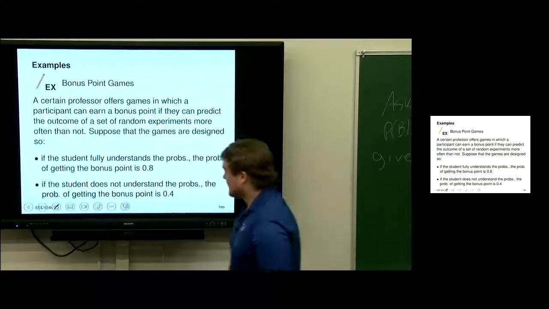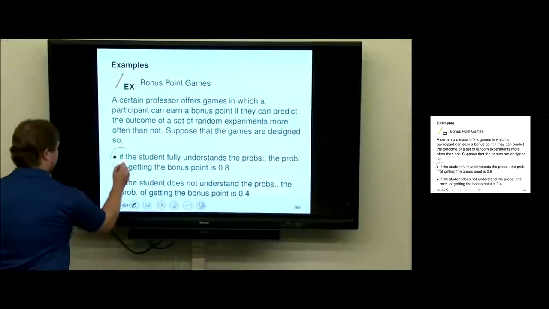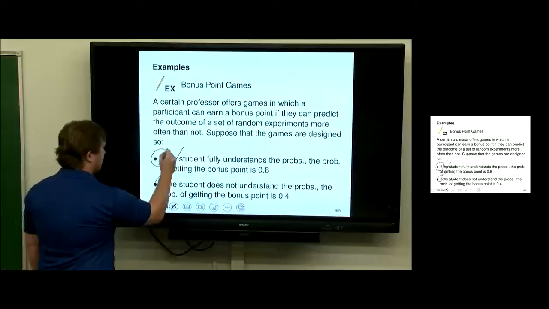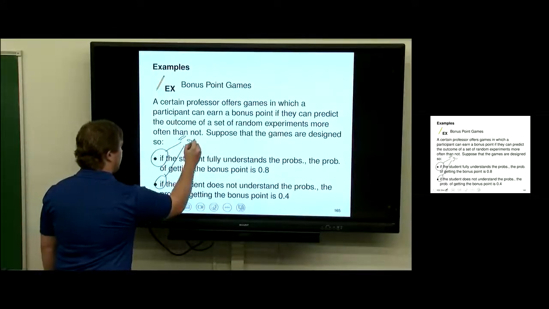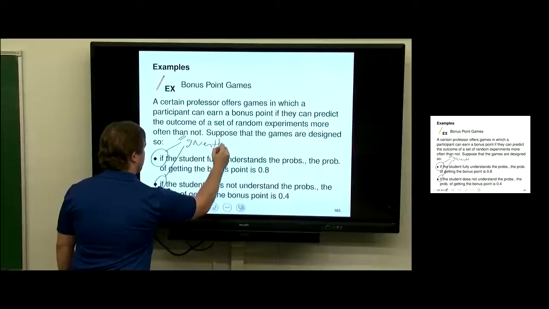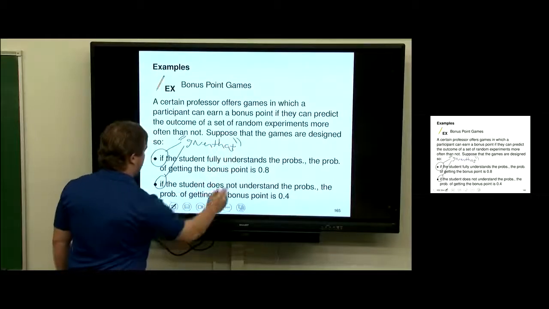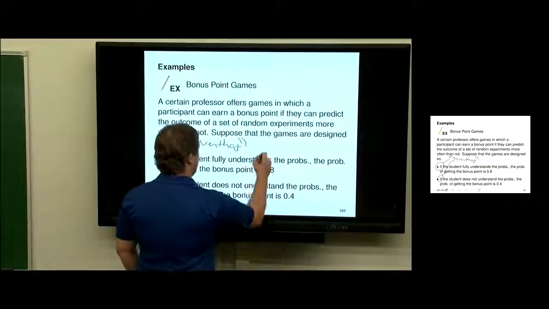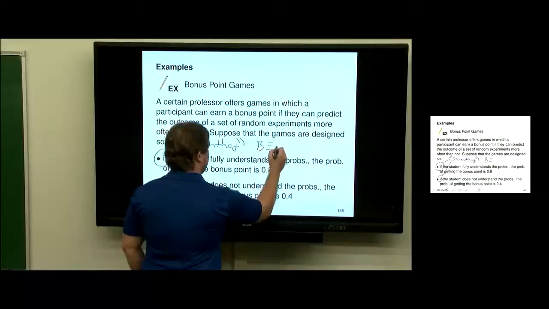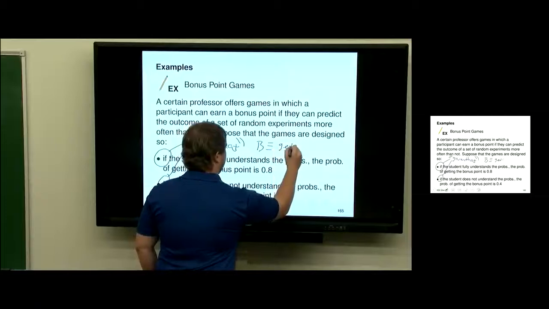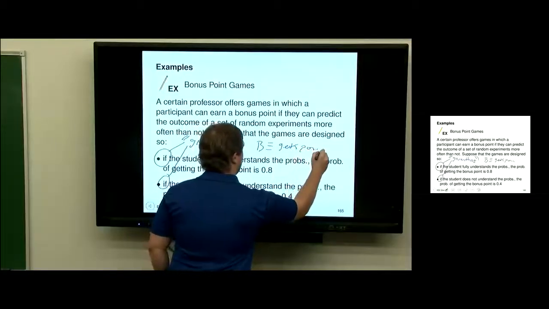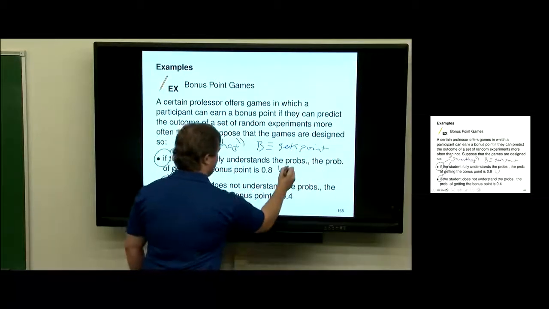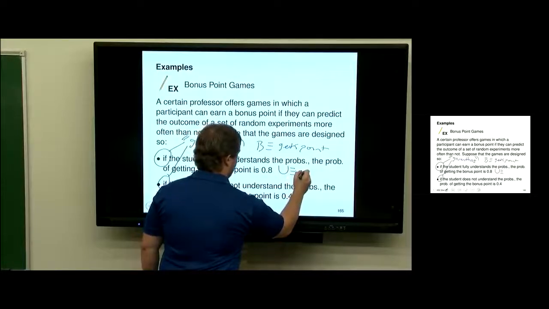Now I want to draw your attention to this kind of language. This is "given that" language. So before I continue with how to solve this, let's define B as the event that you get the bonus point, and U as the event that you understand.